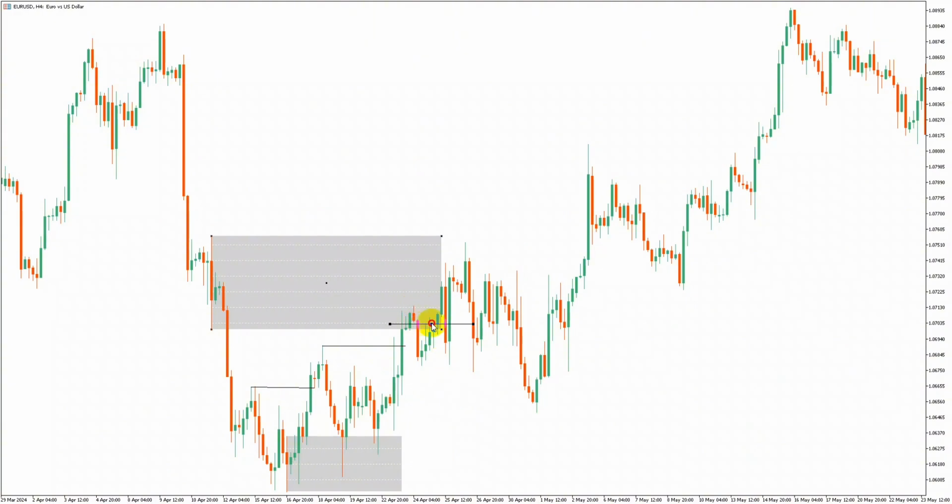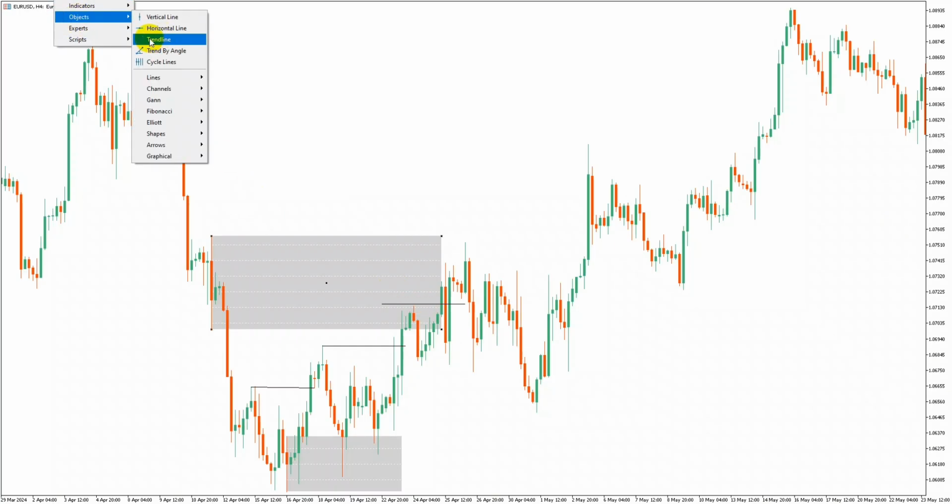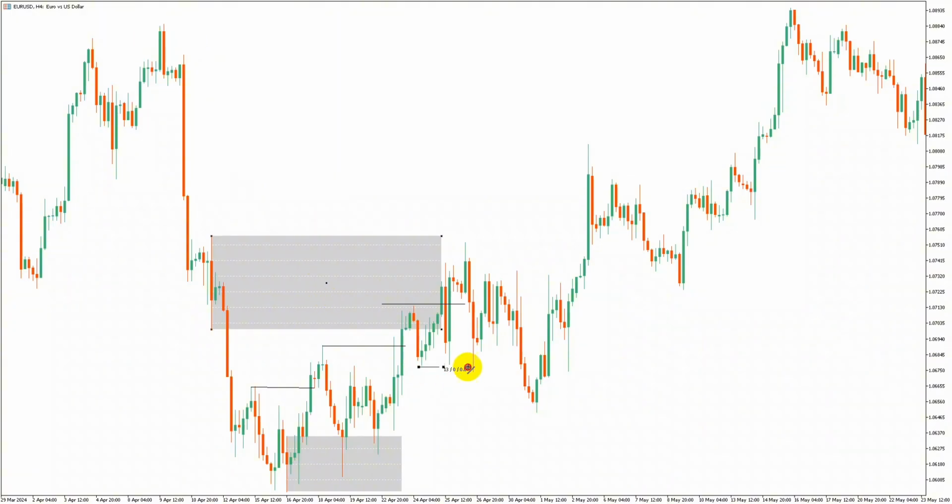Sorry guys, I need this out. Don't know why it's not working. Let's not waste our time here. I'm going to grab a new one. You can see here we have liquidity sleeping and waiting to be nailed. All these are liquidity.